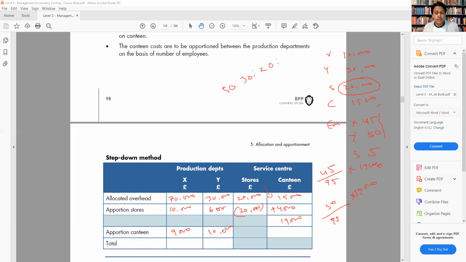So on the step down method, some of the service department costs also get allocated or reapportioned to the other service department, and after that, the total we reapportion to the production departments. All right, can I have the total now? So 70 plus 10 is 80 plus 9 is 89,000.